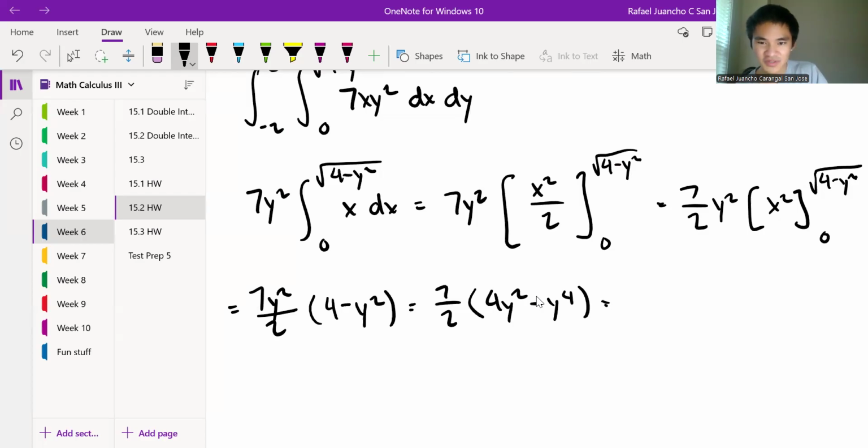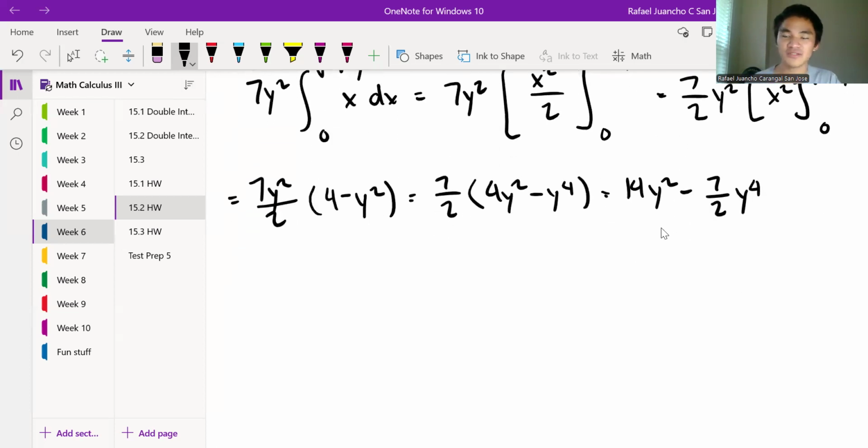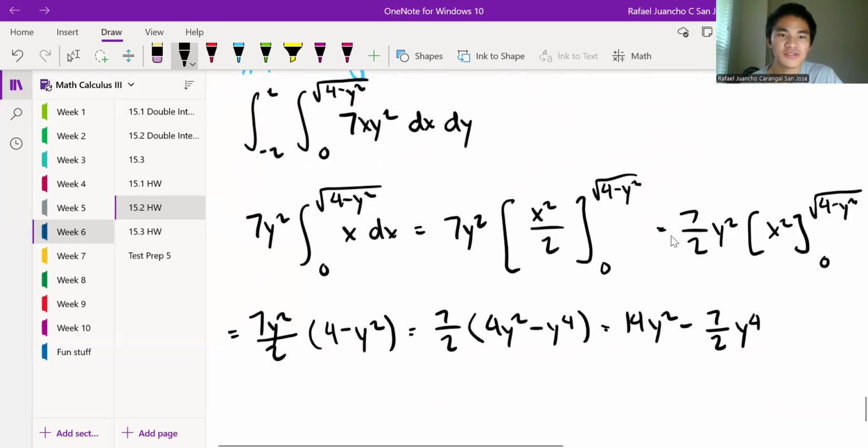I can even do more stuff, and say this is 14 minus y squared. I'm going to write it that way because I want it to look more like a calculus type of thing. Does that make sense? 28 divided by 2, yeah. That looks nice to me.